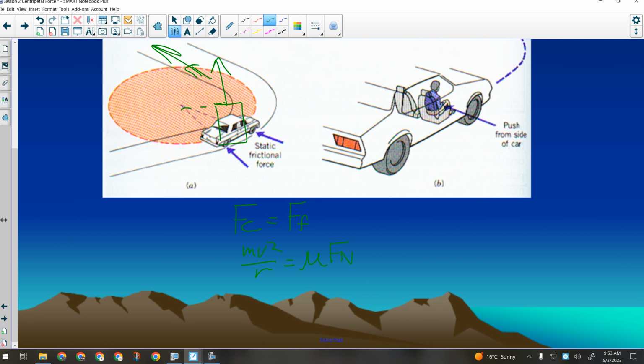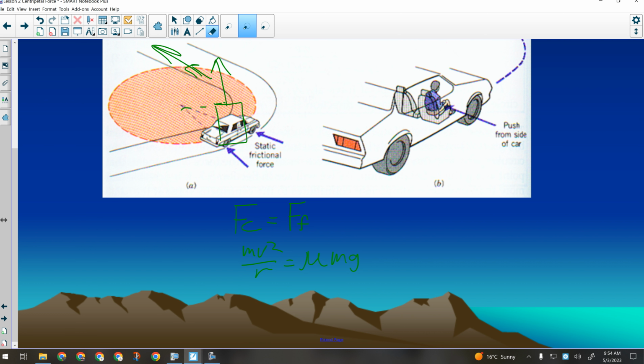Now, because the corner is not banked, so it's level, normal force is equal to what force? Gravity. Okay, so I end up with mv squared over r equals mu mg.